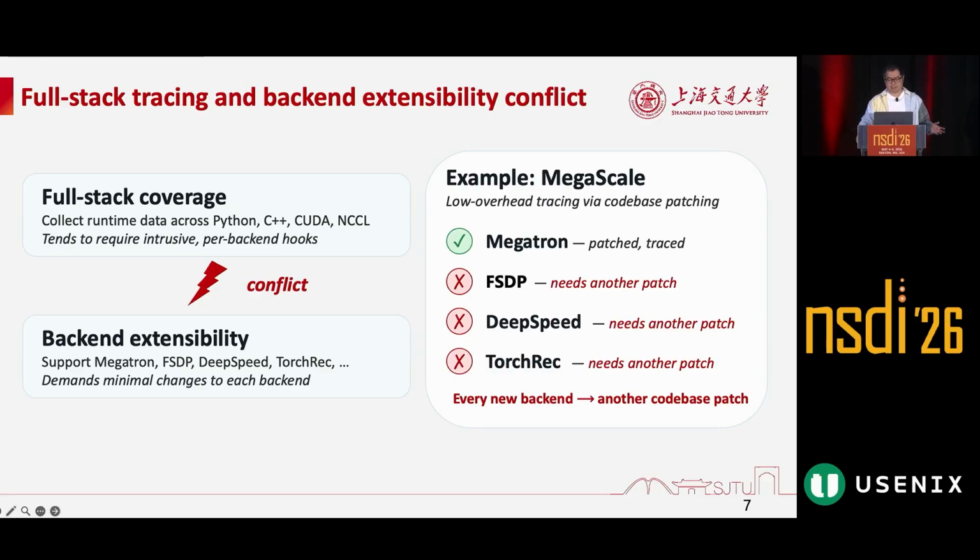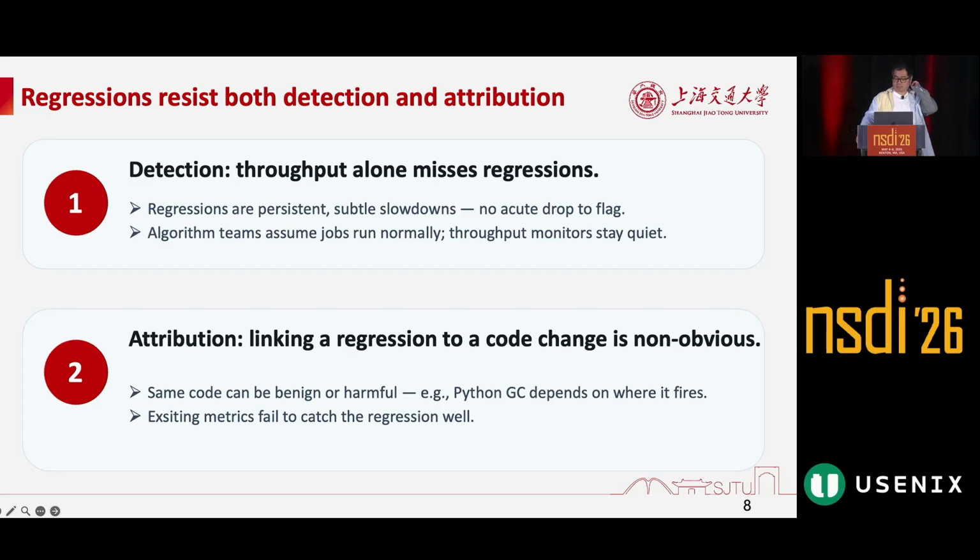So this demands minimum changes to each backend. Now you can clearly see the conflict between them. For example, MegaScale, which I have mentioned several times, covers Megatron very well, but if you want to extend to FSDP or DeepSpeed, you have to patch those backends by yourself.